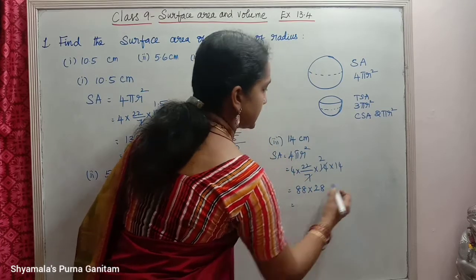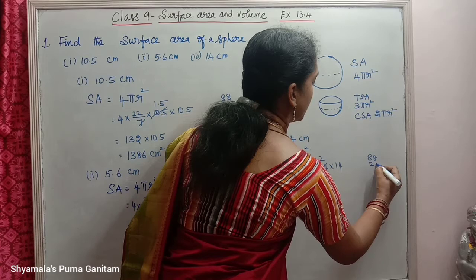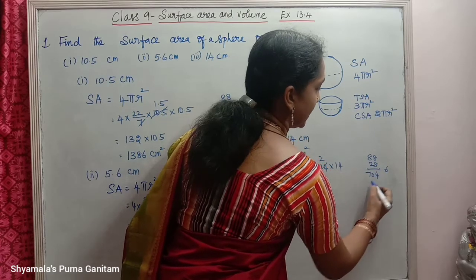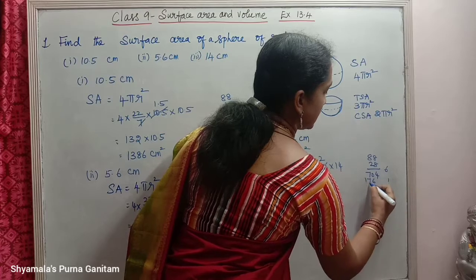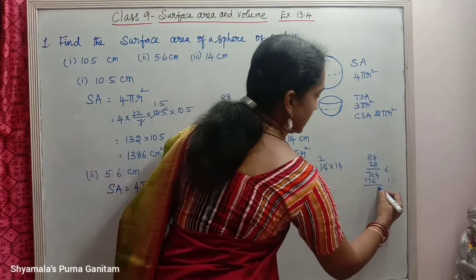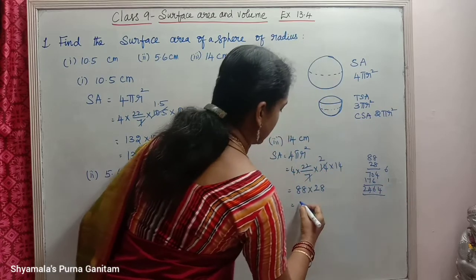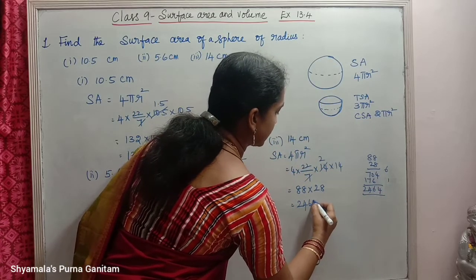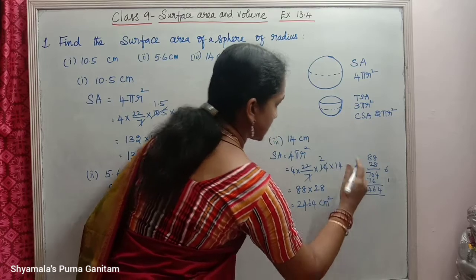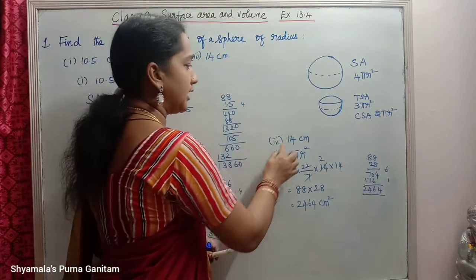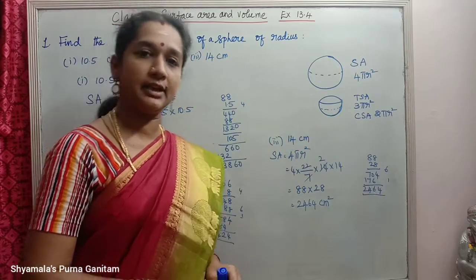So this is equal to 88 into 28. So 8 8s are 64. 64 plus 6 is 70. 8 2s are 16, plus 1, 17. So 2 4 6 4 centimeter square. So this is the surface area of a sphere with radius 14 centimeter.